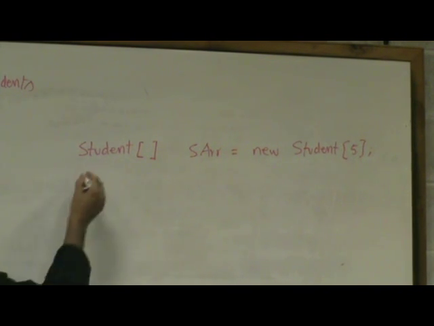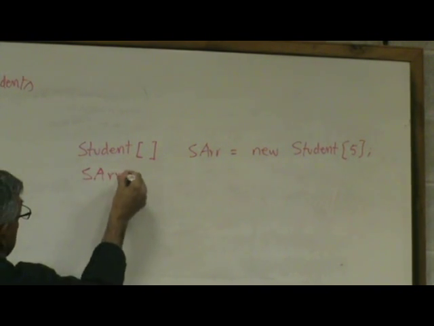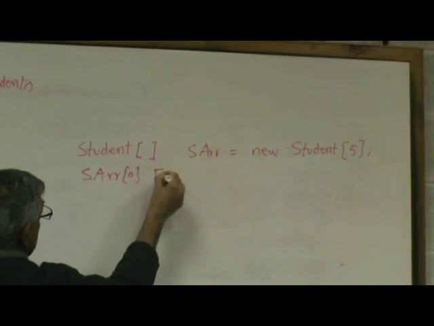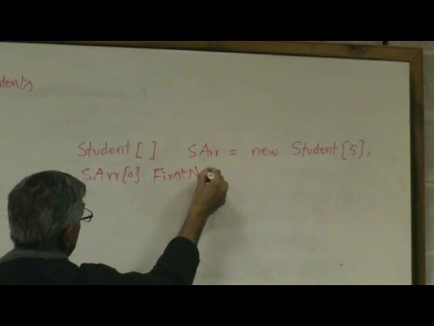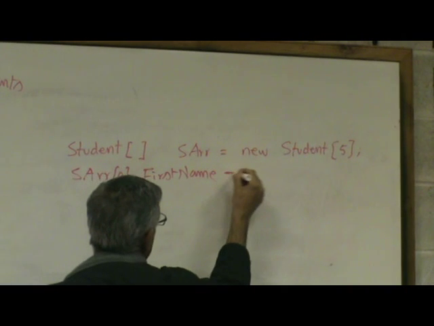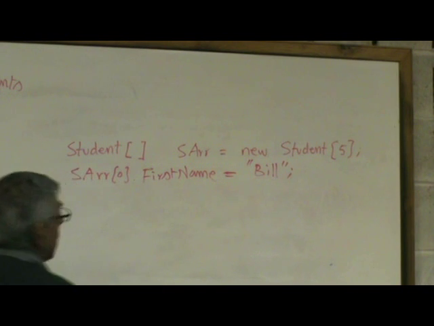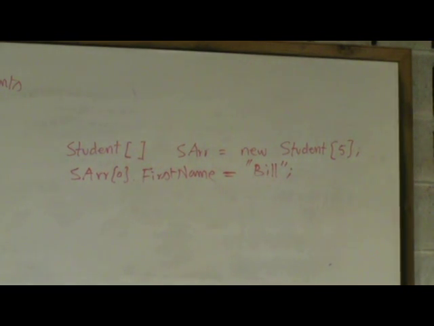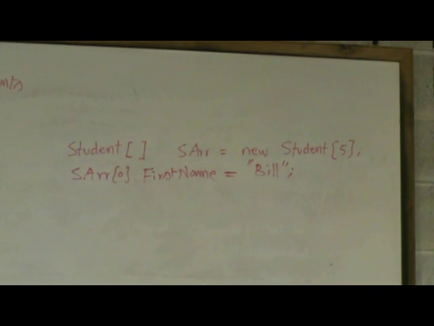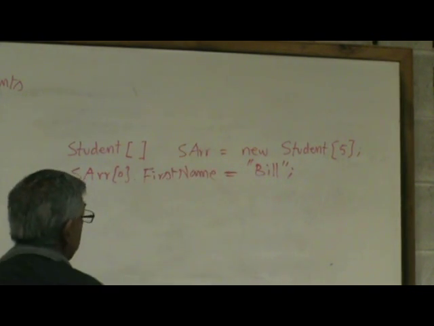So what will this do? If I try to do something like this, dot first name equal to Bill, will this work? No. If you go to the computer, try running it, you will get a null pointer exception, or null reference exception, and the reason is because there's no memory for the first name. Remember what did the first line do over here?